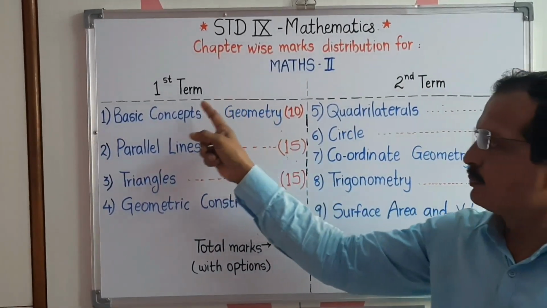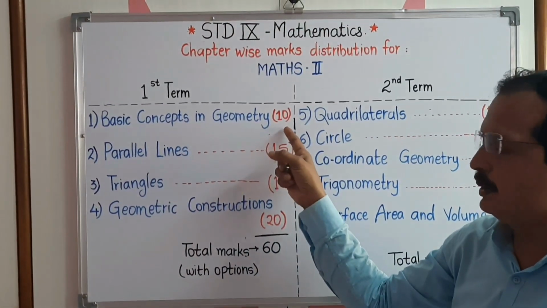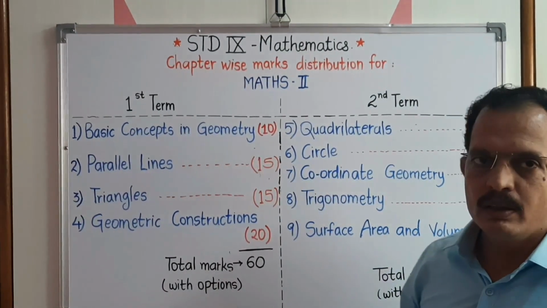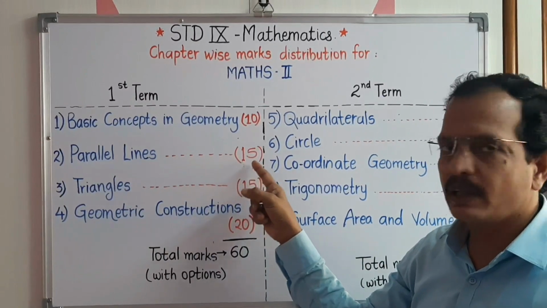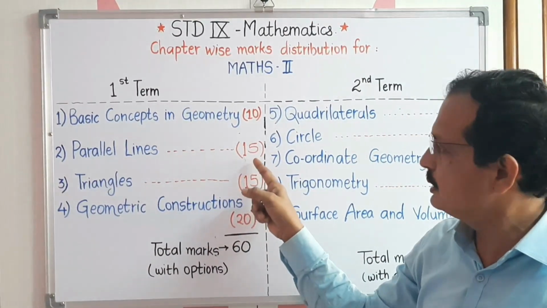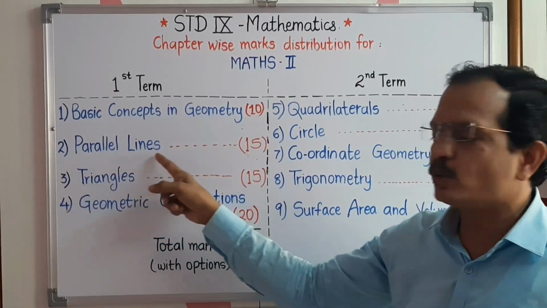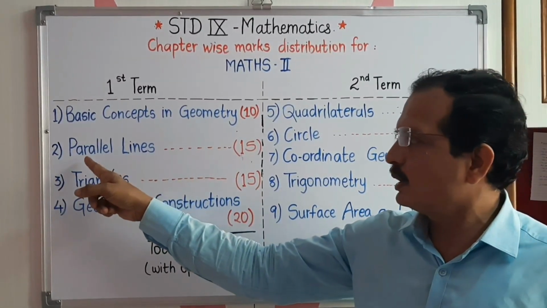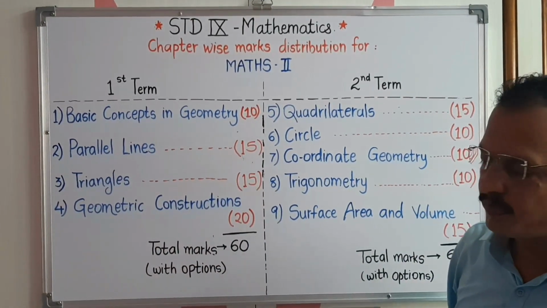For the first term, the first chapter is Basic Concepts in Geometry. It carries 10 marks in the exam. Second chapter is Parallel Lines. This chapter carries 15 marks in the exam. Various properties of parallel lines and various theorems related to parallel lines are included in this chapter.